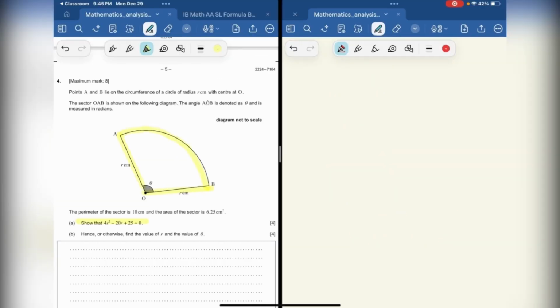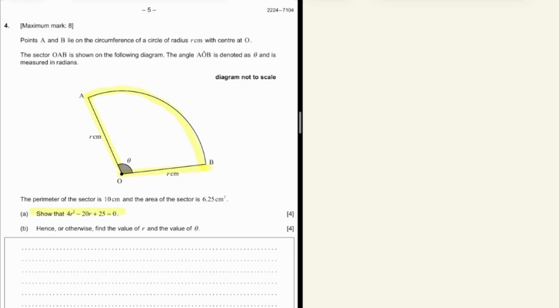Moving on to B. Given that 4r squared minus 20r plus 25 equals 0, this is a perfect square, and so that equals (2r minus 5) squared equals 0.